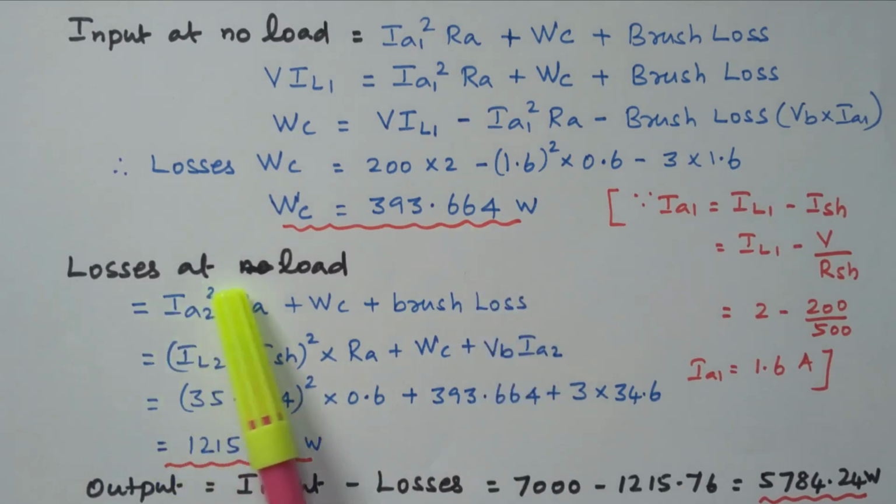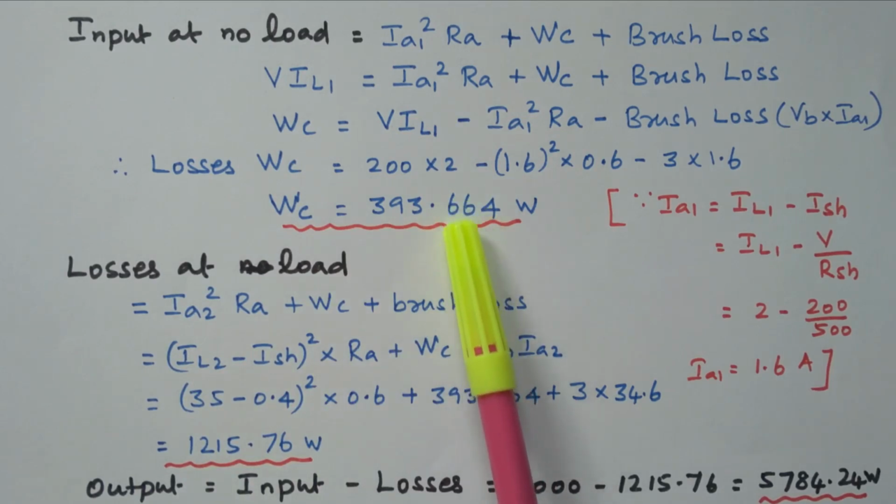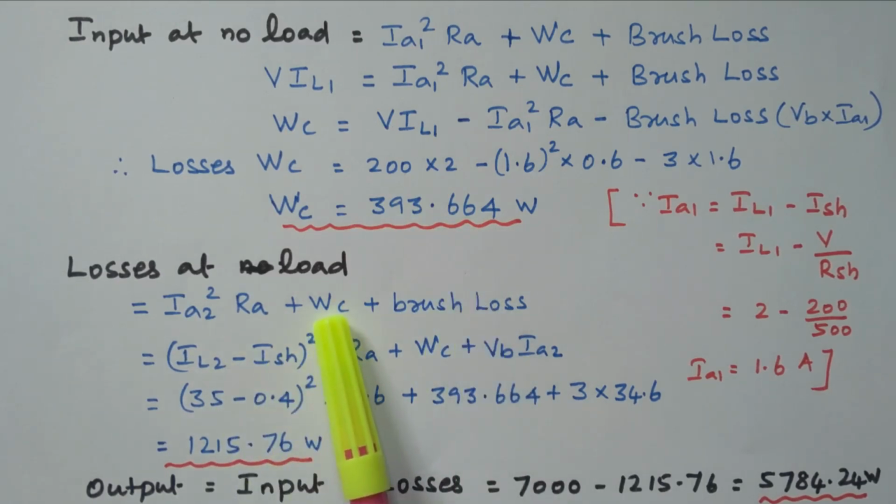So the losses at load are IA2 square into RA, where previously we had IA1 because of no load, now it is full load, plus WC plus the brush loss. This WC was calculated in the previous no load case, by using the no load current. So this value is available, the brush loss is available, and IA2 is also available.